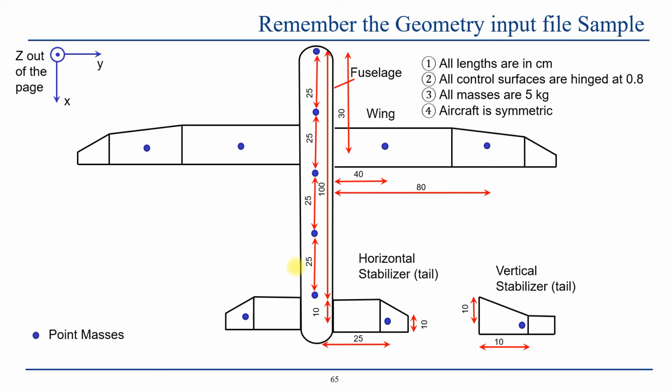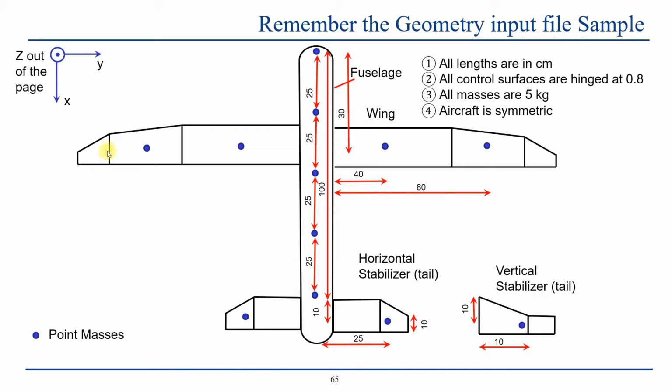Now we need to add these point masses. The purple dots that you see on this design are the point masses that replicate or represent the mass distribution for this aircraft geometry.